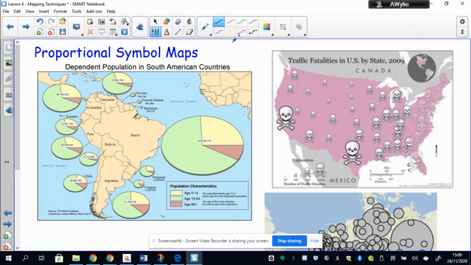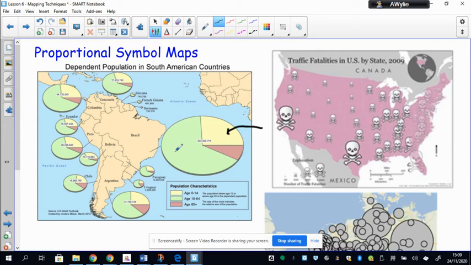So what else does this technique allow you to do? Well, it allows you to place your data, in this case the pie chart, connected to where it's come from. So I can now connect the population size of Brazil to Brazil because it's located on the map. And because I've got other proportional symbols for other countries, like Paraguay down here, I can compare them with each other because the size of the circle represents the actual population size of the country.